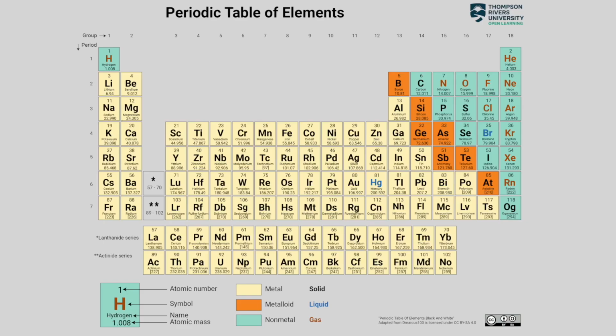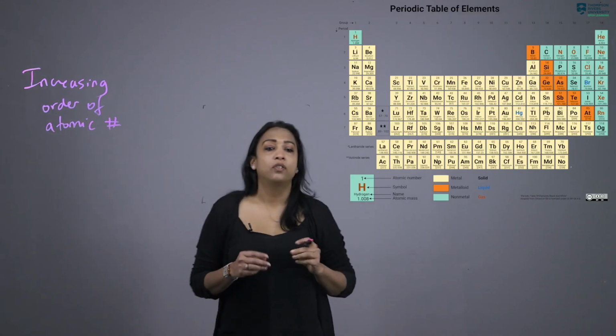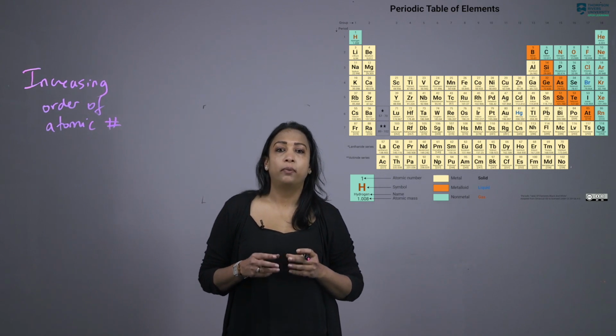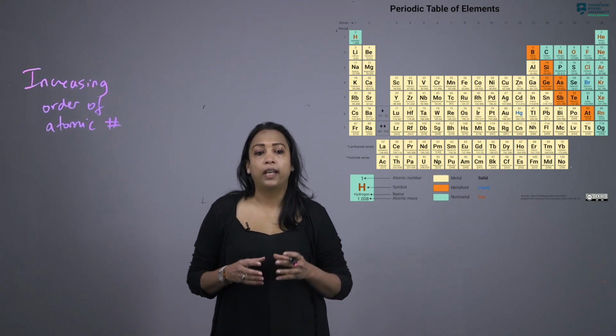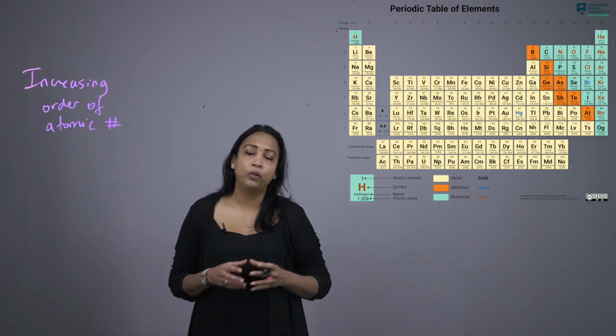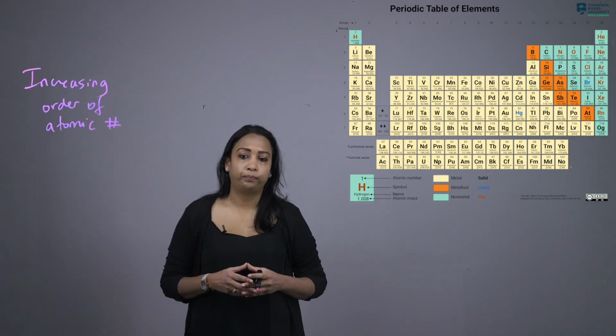So the elements are arranged in increasing order of atomic number. Now, the atomic number is the number of protons within the nucleus of an atom, and we will explore atomic number in more detail in the next video.